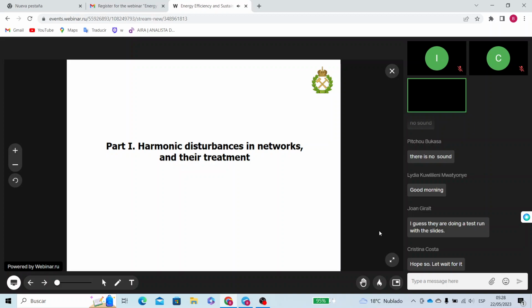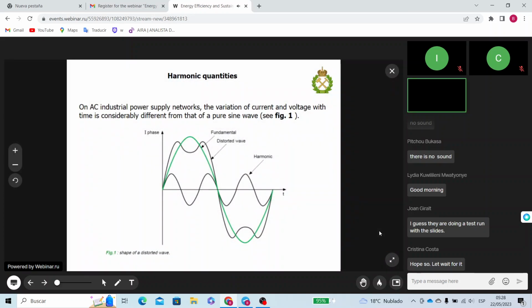First part, harmonic disturbances in networks and their treatment. First of all, let's consider the phenomena of harmonics, the main harmonic quantities. You know that our electrical energy is transferred by means of the fundamental harmonic, fundamental current and fundamental voltage, whose frequency is equal to 50 hertz in some countries and equal to 60 hertz in some other countries.